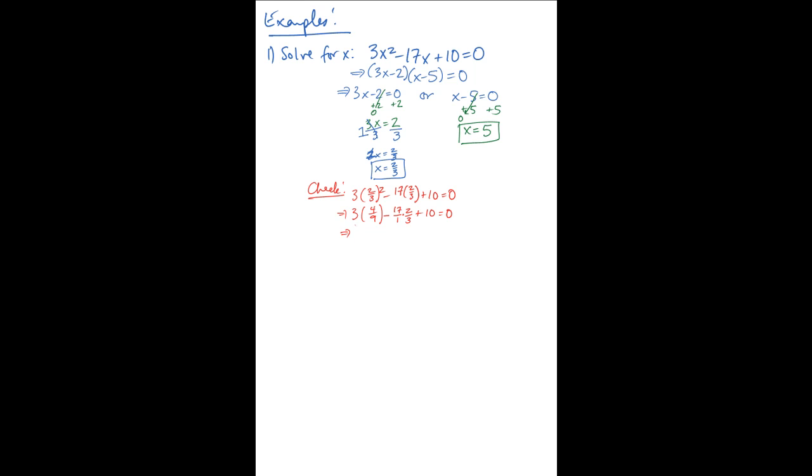So we write this as 3 over 1 times 4 over 9. 3 and 9 are both divisible by 3. 17 times 2 is 34.